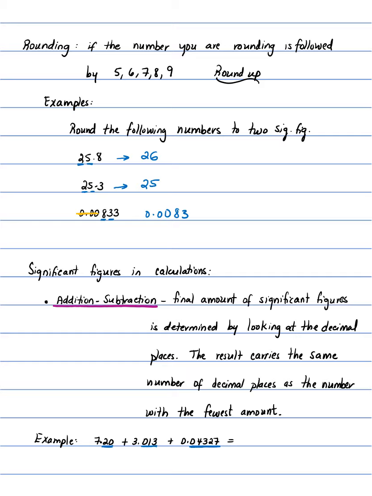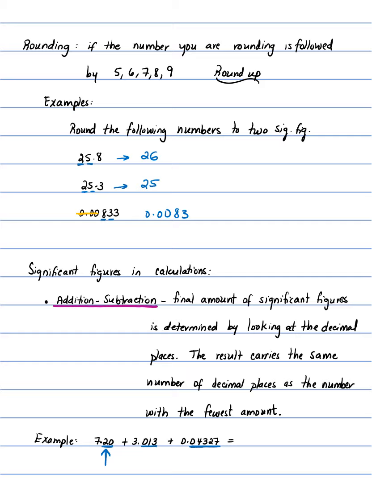The rule is telling you your final number needs to have the same number of decimal places as the number with the fewest amount. The number with the fewest amount of decimal places is that one right there, 7.20, 2 decimal places. So I'm going to add my numbers in the calculator.